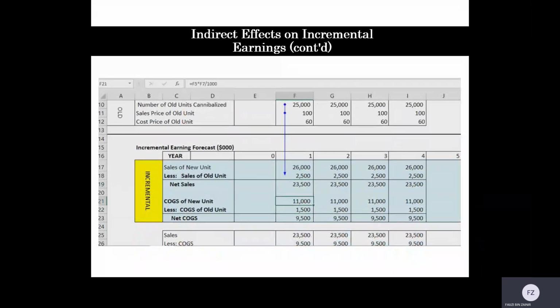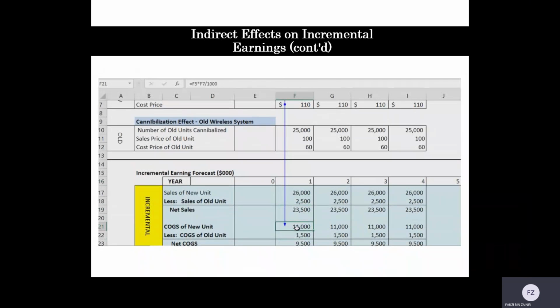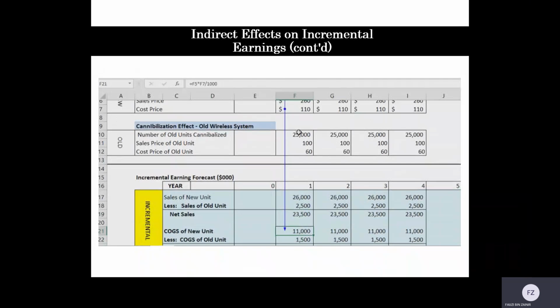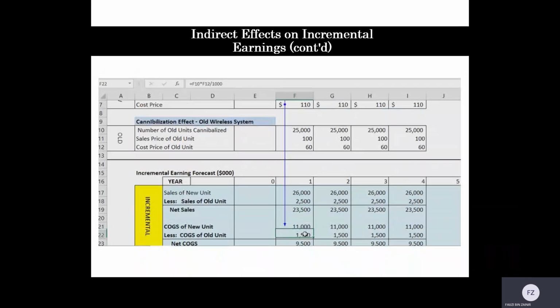Same with the cost of goods sold. For the HomeNet, what we can gather here is 11 million. The 11 million derives from 100,000 times $110 per unit cost. And for the old unit, it's 25,000 units, so we are saving around 1.5 million.